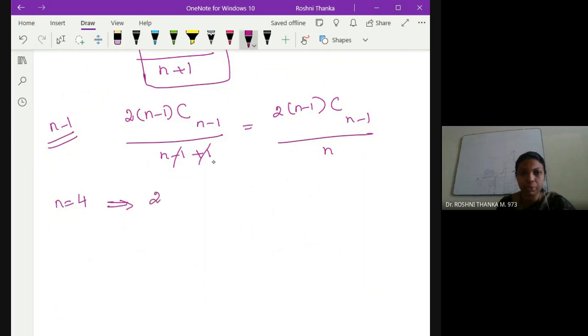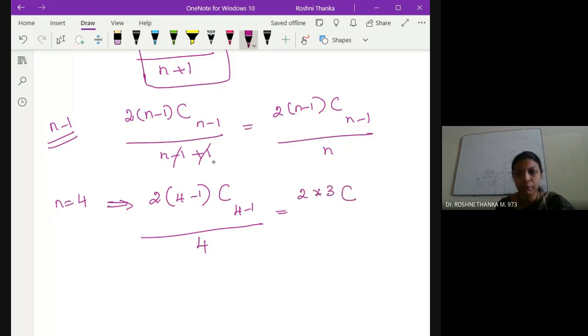So it is like 2 into 4 minus 1 C 4 minus 1 divided by 4, where n is 4. So what will I get? 2 into 4 minus 1 is 3. Then combination 4 minus 1 is 3, divided by 4. So I get 6 C 3 divided by 4. I hope mathematically you know how to represent this combination.